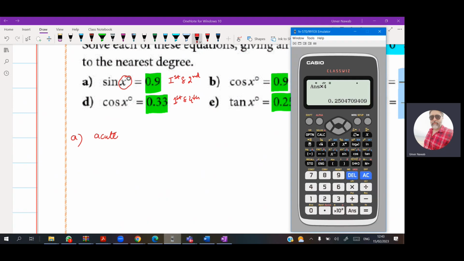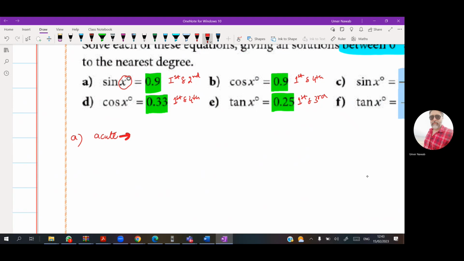To get the acute angle for the A part, you write shift sine of 0.9. In the B part, you will try to find your acute angle. You write shift cosine of 0.9.